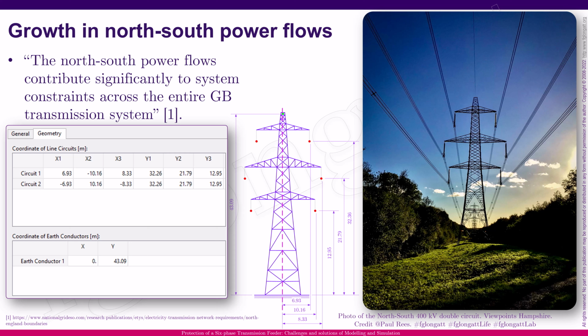As a consequence, we need to take one of two options: either we reinforce the existing transmission lines or create more of them, or we think outside the box and try to find new solutions to enhance the power transfer capability from the north to the south.